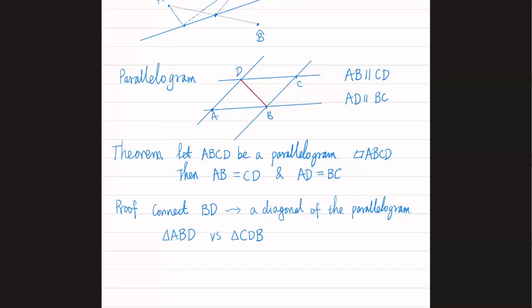Still thinking. Fred, an idea, Fred? The two triangles ABD, CDB. Can we prove they are congruent?